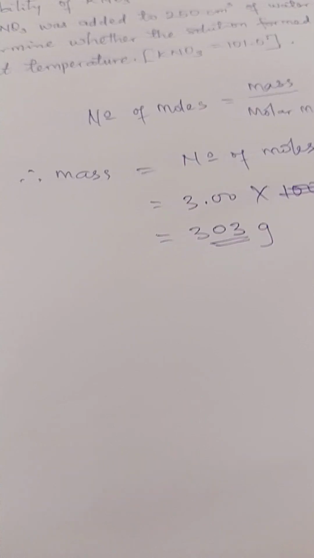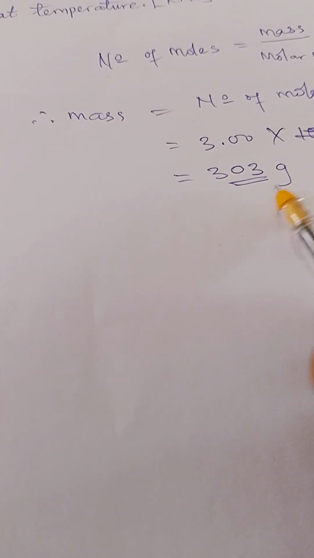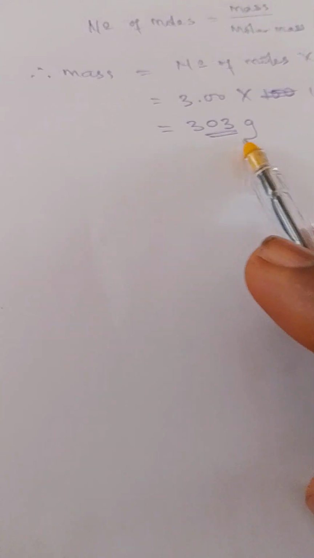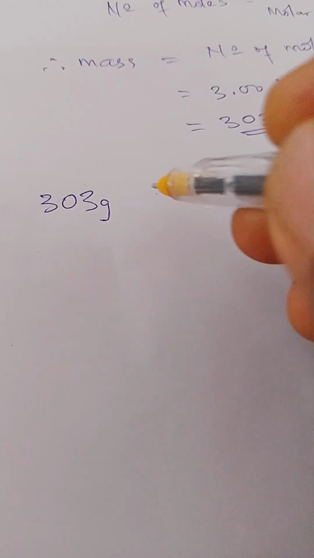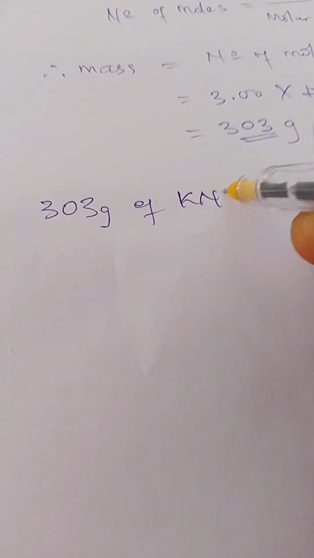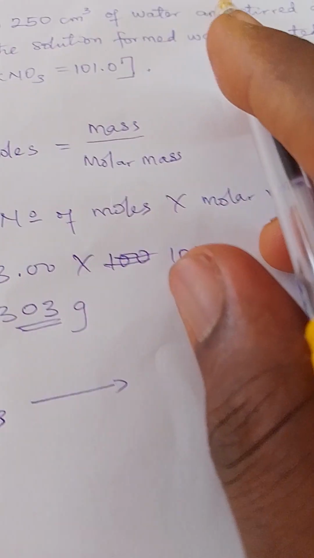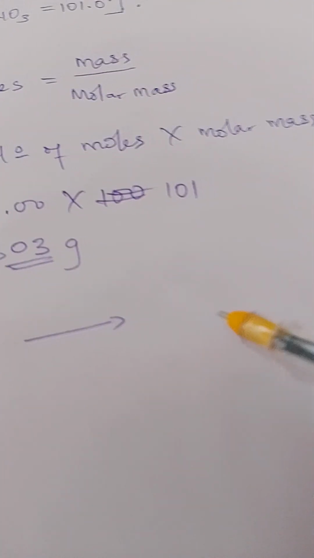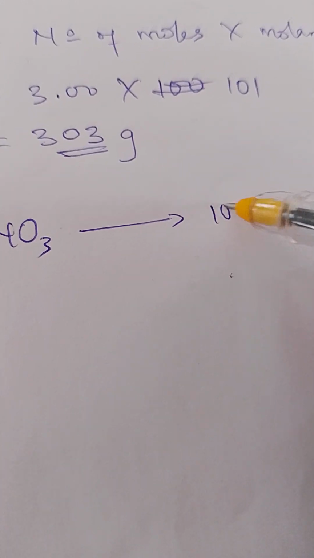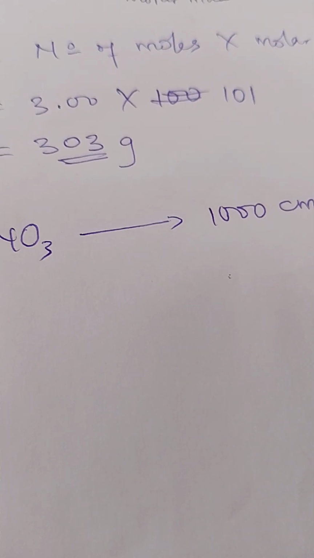This means that 303 grams of this KNO3 dissolved in, mind you, this is mole per dm cube, so it dissolved in 1000 cm cube of solution.